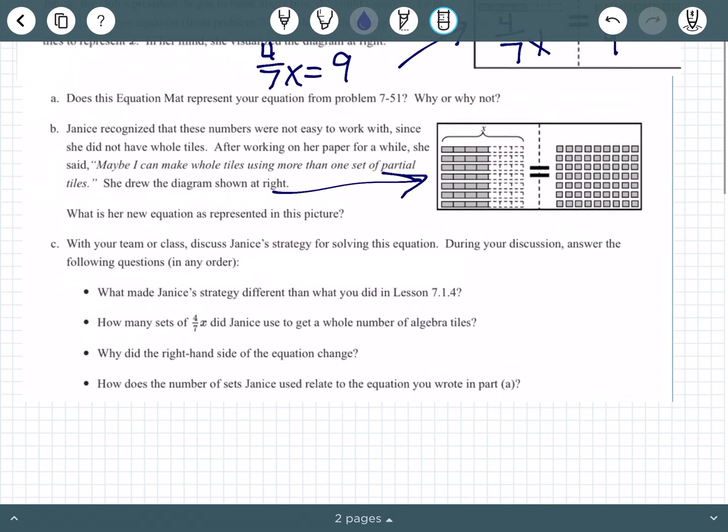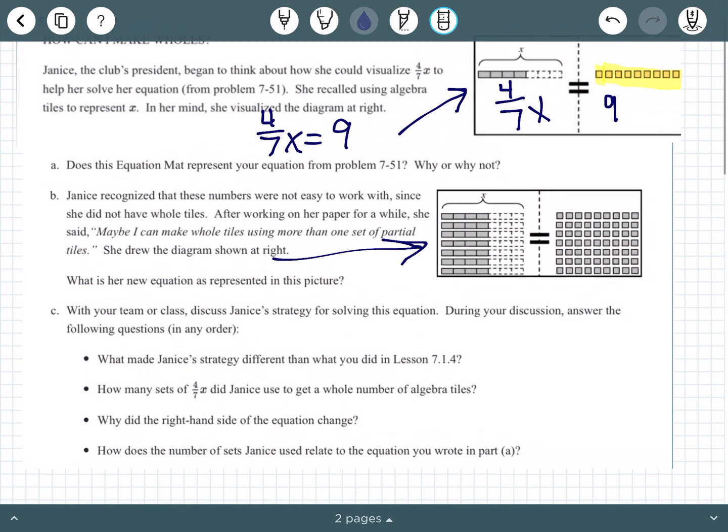So if you notice on the left side of this equation, it looks like Janice started out with just one X tile that was partitioned into 7 pieces, and now we have 1, 2, 3, 4, 5, 6, 7 of those.